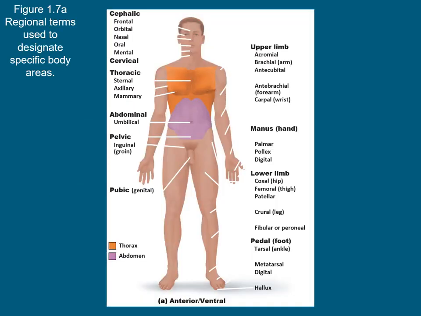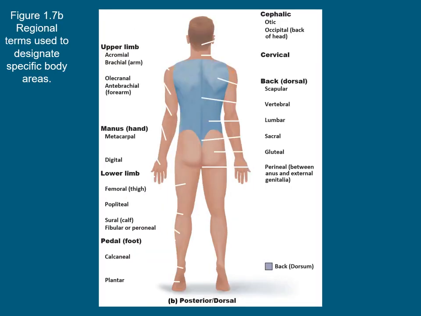Now, these regional terms refer to different, specific areas of the body. Unfortunately, the diagram here is not that great. Some of the lines didn't show up well, but this diagram is in your book as well as in your lab book. You do need to be familiar with these terms from both the anterior and the posterior viewpoints.